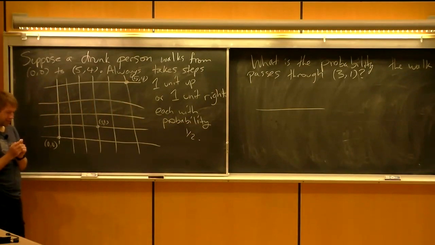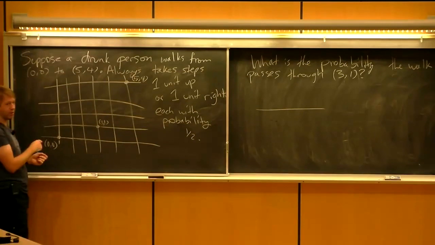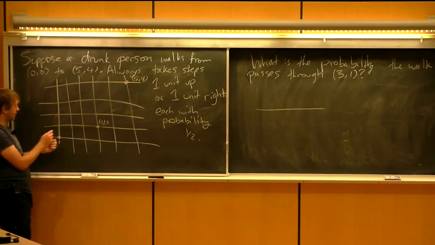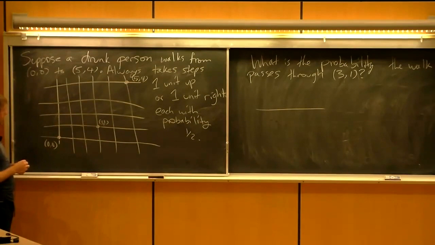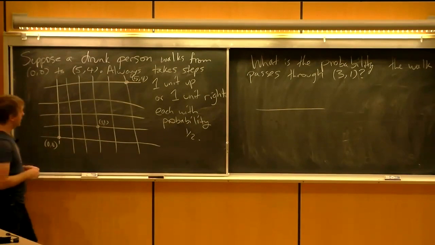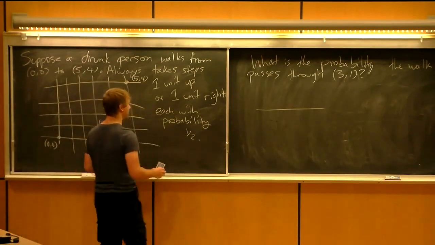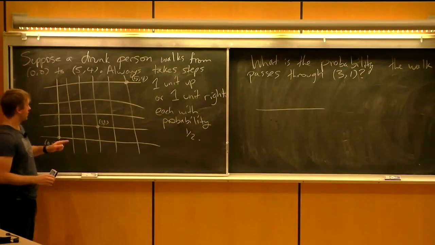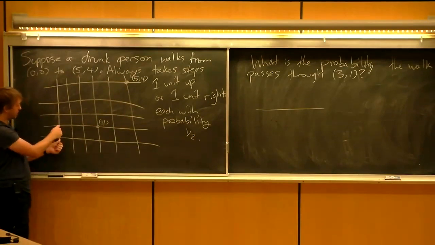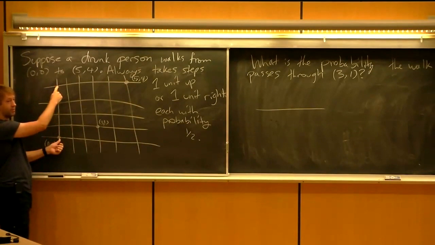Actually, when I say that every path would have that probability, I'm slightly wrong about that. You have to be a bit careful. Sorry, I may be describing this problem wrongly. Suppose I take my 4 steps up.